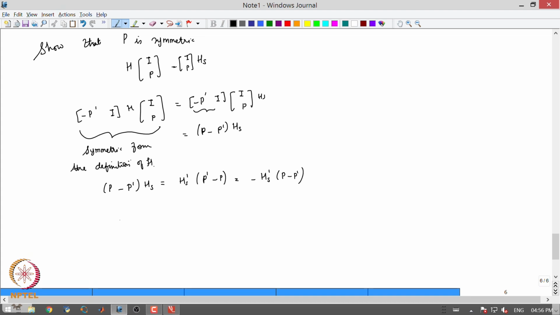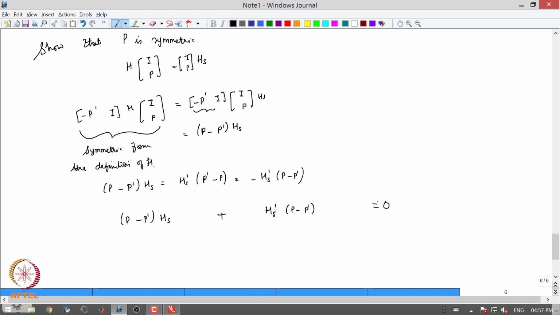So P minus P transpose Hs plus Hs transpose P minus P transpose is equal to 0.